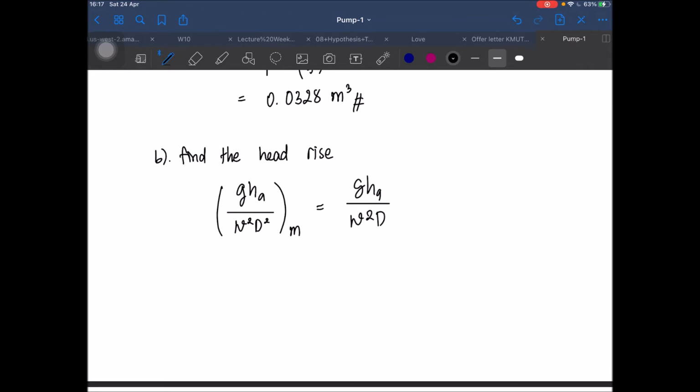Oh, not W, it's omega, I guess, if I'm not wrong. So now we're finding H. HA is actually similar to the first one. So we want to find this one. So HA equals gHA here.